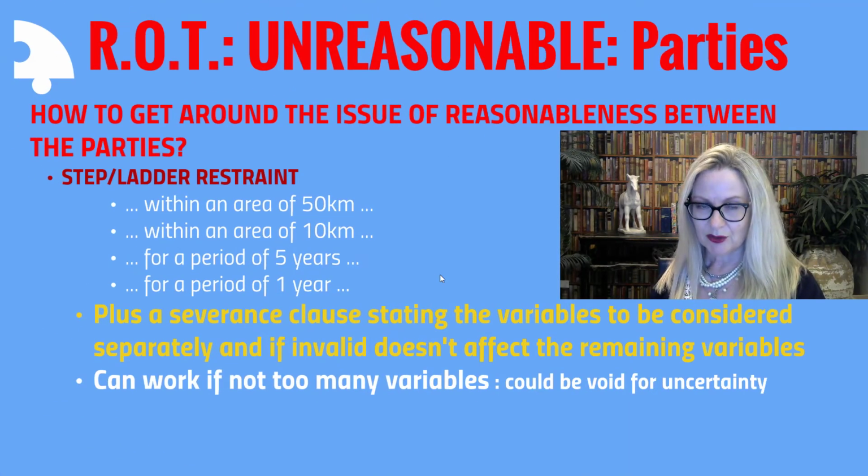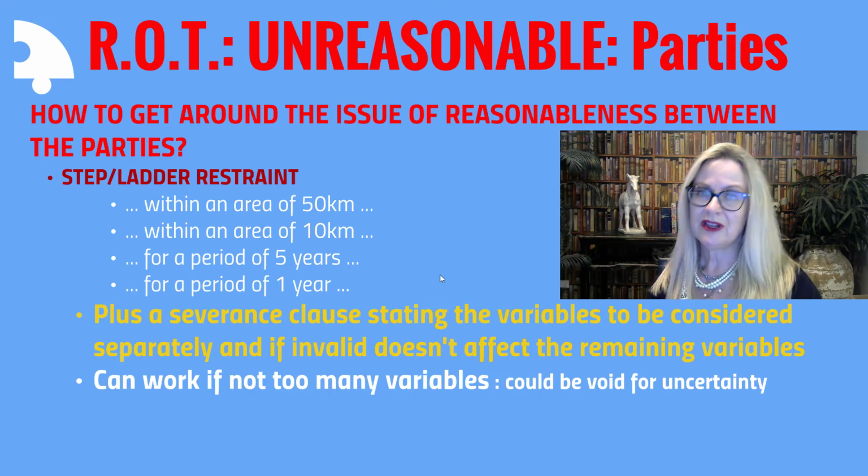How have parties gotten around the issue of showing reasonableness between the parties, and particularly showing that a restraint goes no further than protecting a legitimate interest? Well, the issue is more of a drafting issue than anything else. And what tends to be used is the mechanism of a step or a ladder restraint.